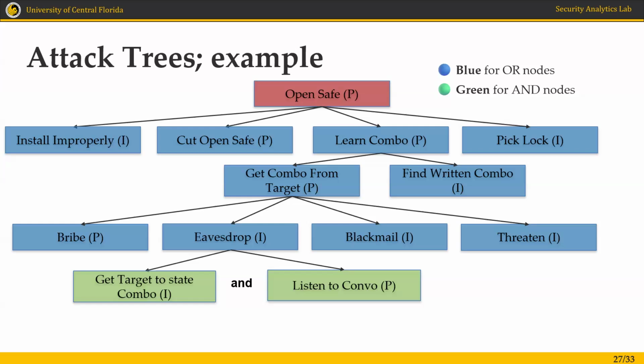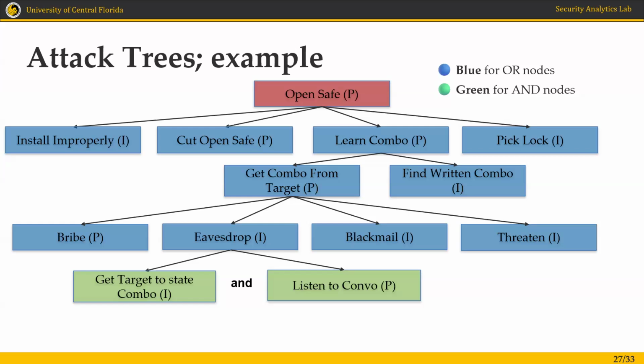So, for example, if the attack goal is to open a safe within certain infrastructure, we have several attack objectives or ways, meaning here in this specific example, it's impossible by maybe the team of the infrastructure. So we have learn combo. It is possible, and that leads us to two different paths: get combo from target or find a right combo. So we want to think like the attacker such that we can make our system more robust.